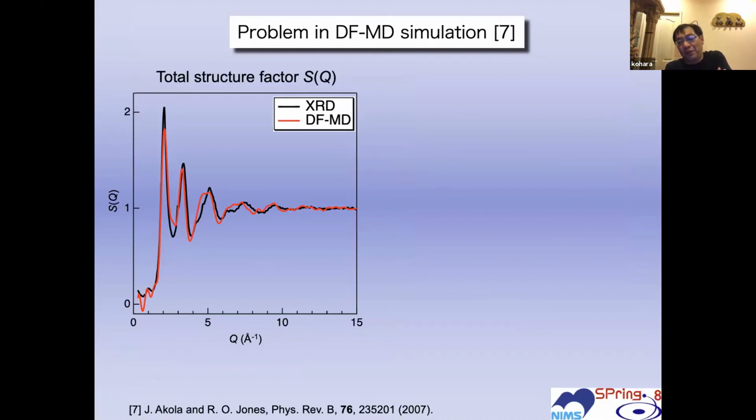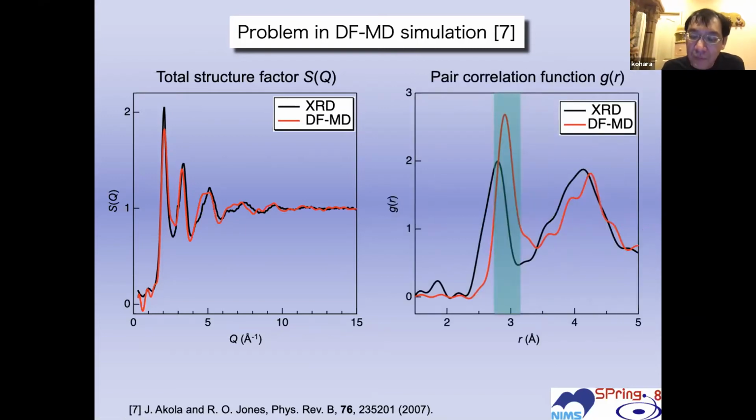First of all, we calculated the structure factor from the DFMD simulation. This is the experimental data, and this is the result of the DFMD simulation. The agreement is not as good as RMC. Of course, this is theory. And in particular, the first correlation distance in real space is different.